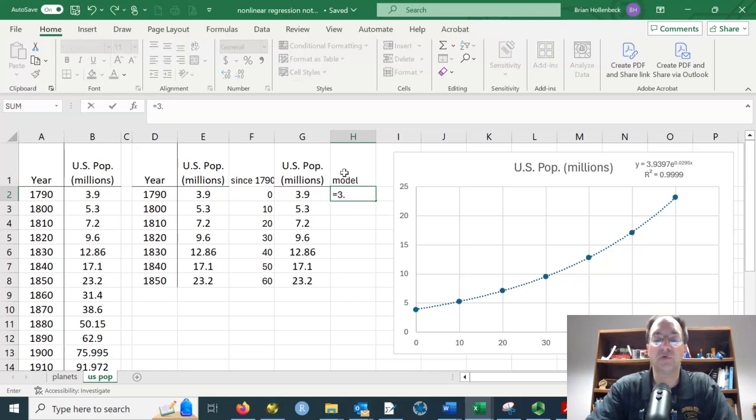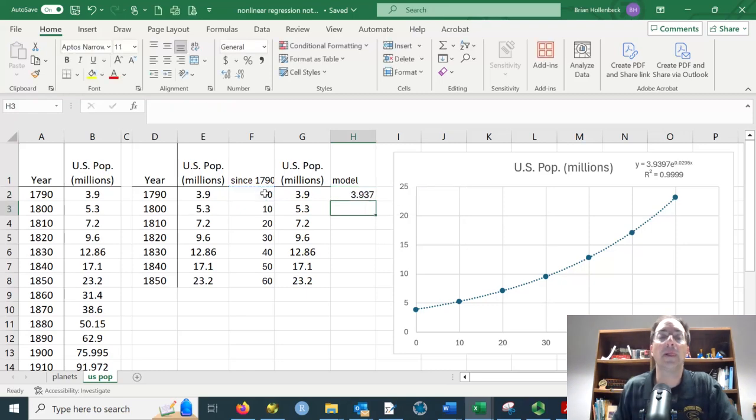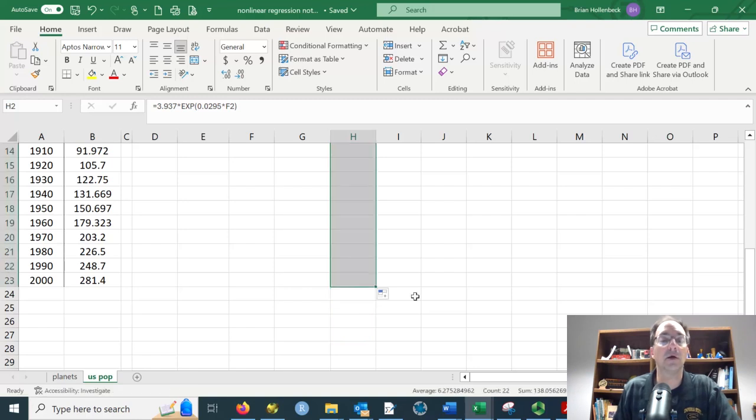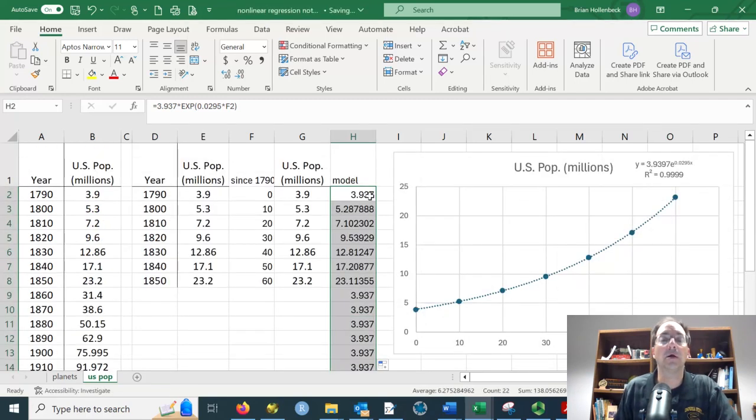So I could say 3.937 times the exponential of 0.0295 times years since 1790. And then I can drag this down to 2000. And we also need to drag this down.